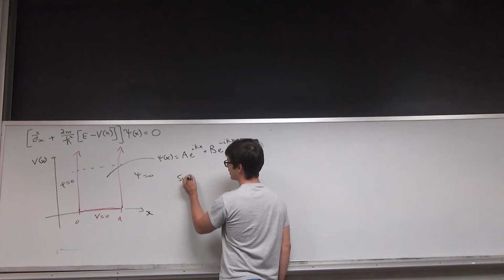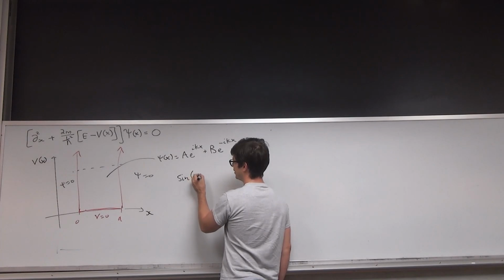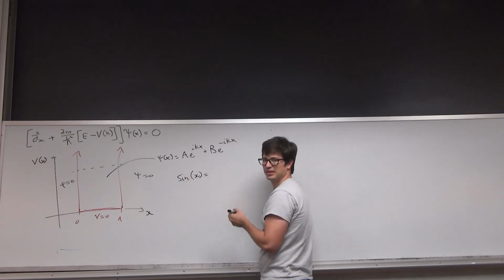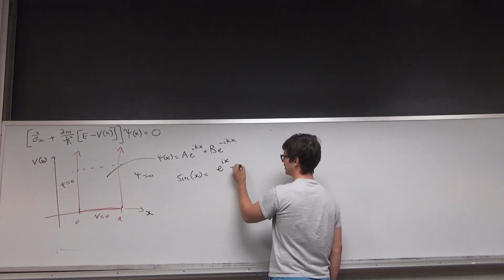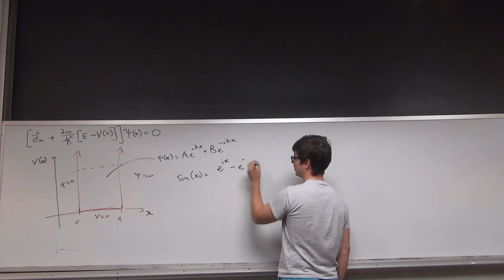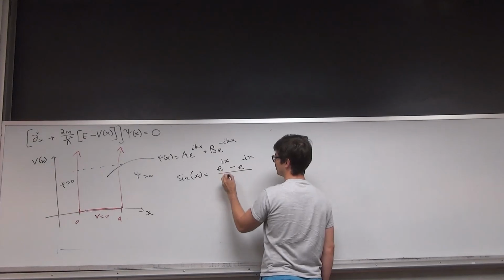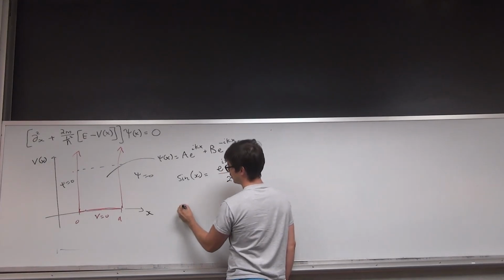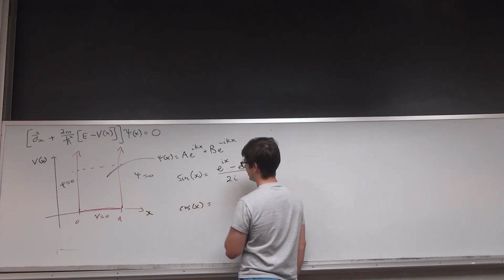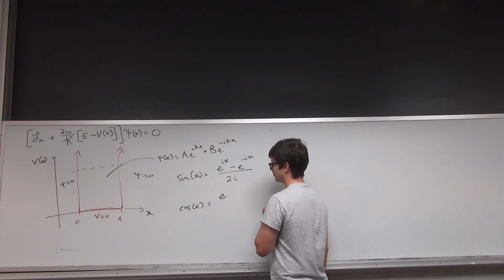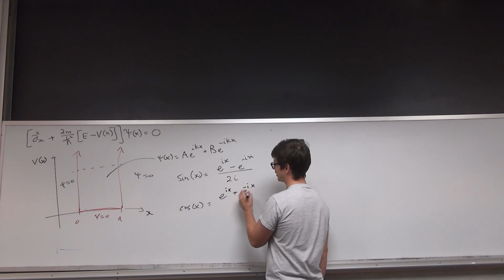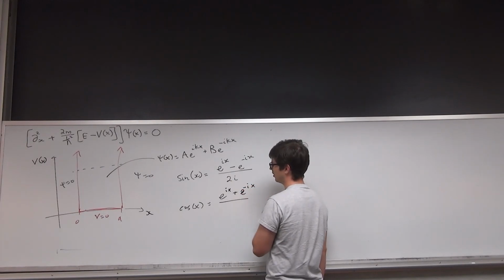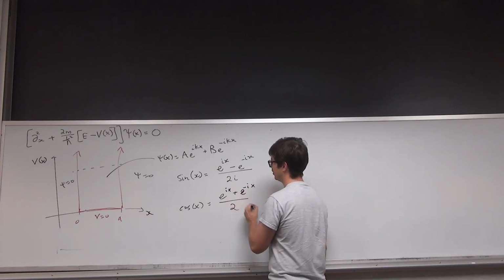notice the following, that sine of x you can write as, it's a very important formula to remember, (e^(ix) minus e^(-ix)) over 2i, and cosine of x is equal to (e^(ix) plus e^(-ix)) over 2.